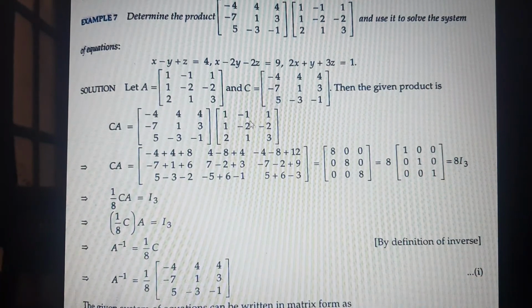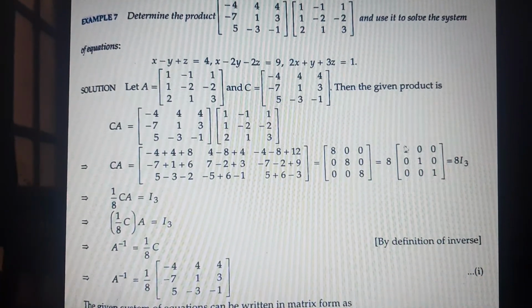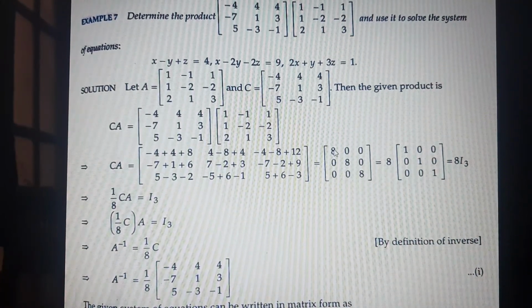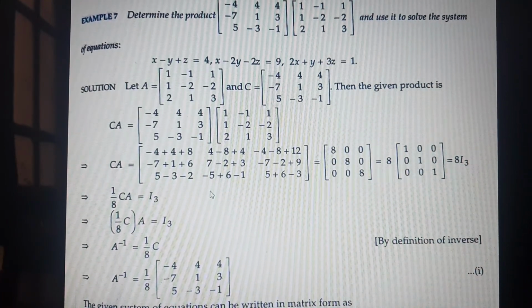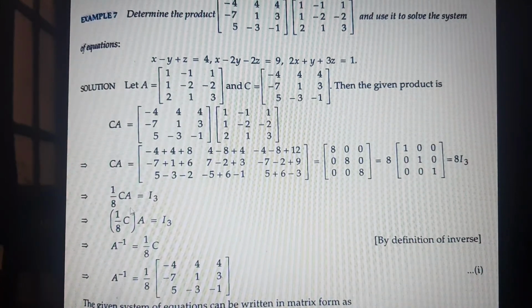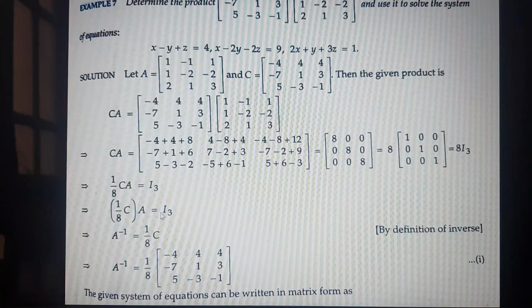While you find the product CA, you will get the identity matrix of order 3. That is, 8 is on the diagonal, so we can take 8 common, so it is 8I3. The product CA is giving an identity matrix I3. So I can write it as 1/8 CA = I3.